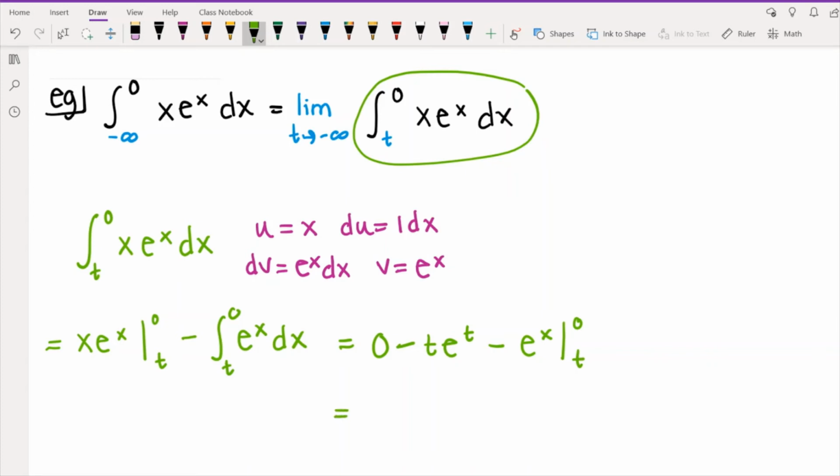So that gives us negative t e to the t, minus, first we plug in 0, so that's e to the 0, which is 1. And then the next one is minus a negative, because in FTC2 we subtract, but we also have a negative sign here, so it ends up being plus e to the t.